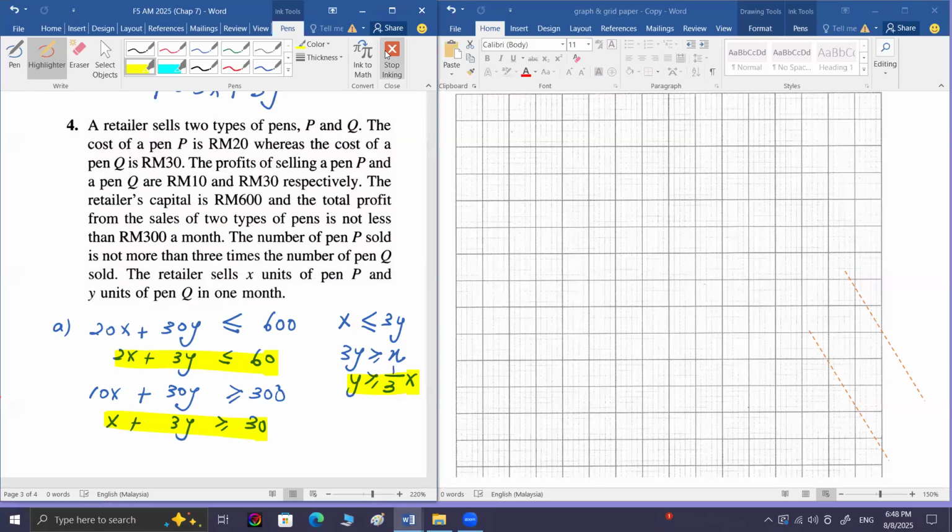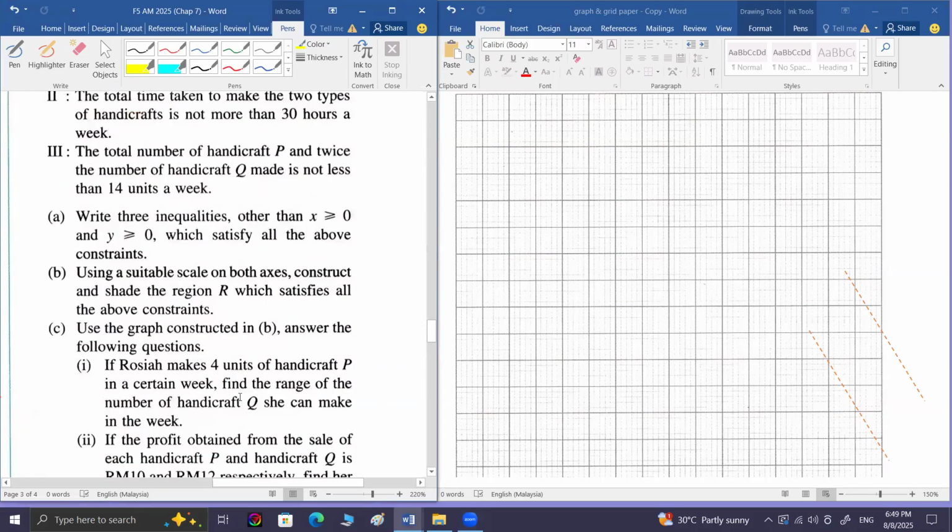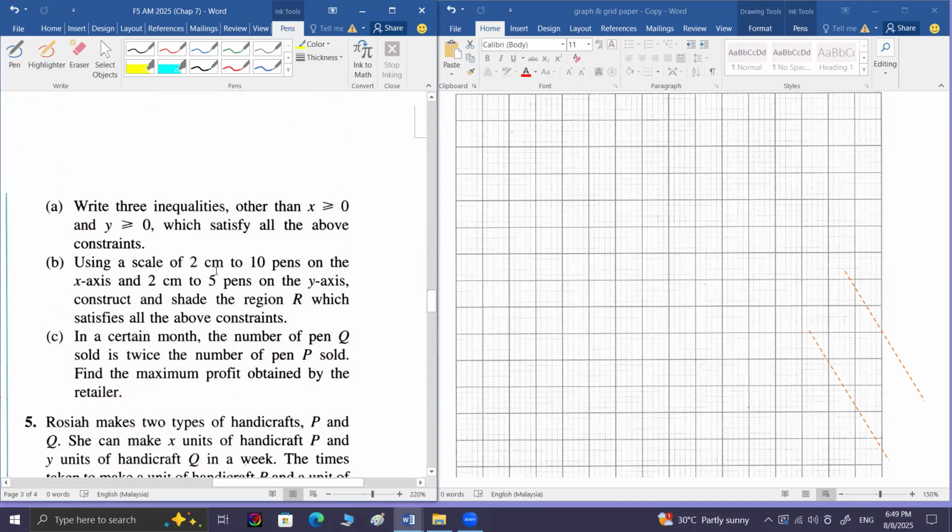Okay, remember just now I mentioned how to draw this one, from the information that is given, so you follow the yellow one. Wait, look at your section B there. Look at question B, yeah? You're asked to use 2 cm to 10 for the x-axis and 2 cm to 5 for the y-axis.